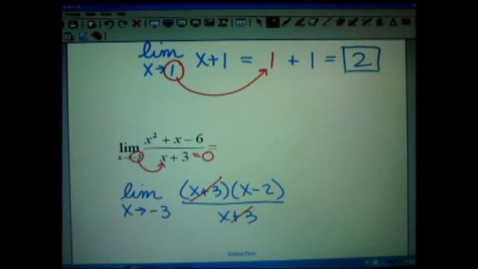These cancel out. Then I can take my -3 here, plug it in for my x value there. And the value of the limit is -5.